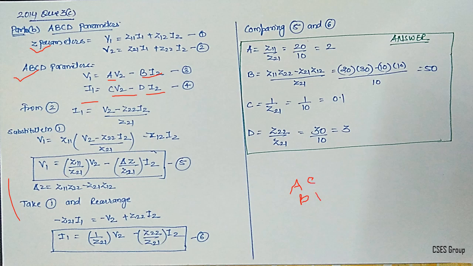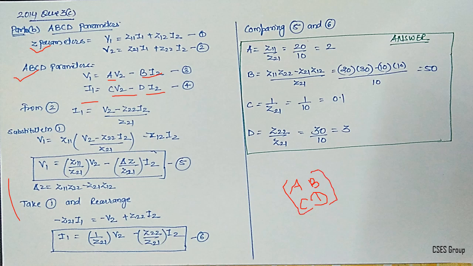A, B, C, D you just write in the matrix form. Okay, so this is B, and this is D, this is C. And what you need to do is you consider this in the matrix.